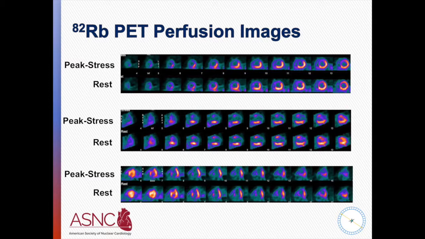Visually, there appears to be some mild partial defect reversibility, which obviously implies the presence of some residual myocardial ischemia and implies the presence of at least some residual myocardial viability in the LAD territory. Although, based on the fact that the defect reversibility was very minimal, there was still quite a bit of indecision as to how much myocardial viability was present and whether or not the patient would benefit from myocardial revascularization.